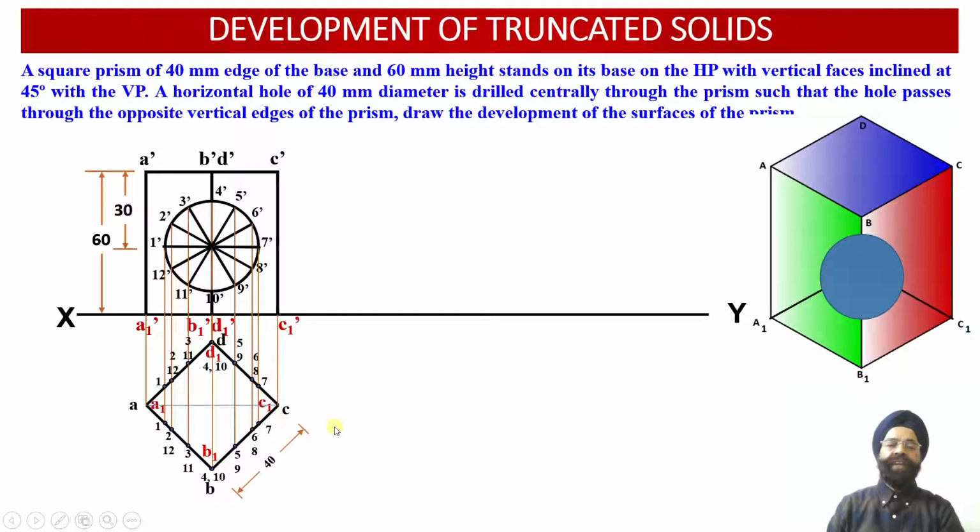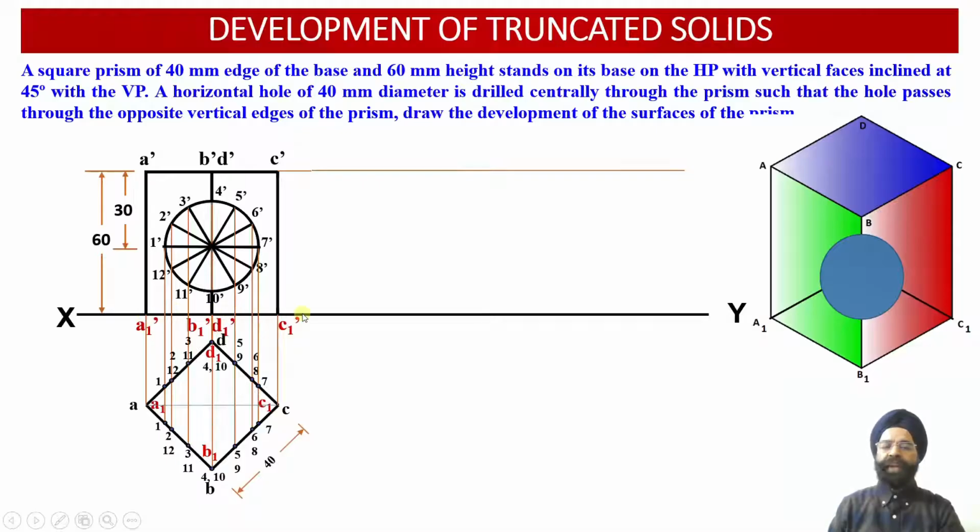So to begin with, we have to obtain the development of the lateral surface of the square prism. As we already know, we have to use the parallel line development method in order to obtain the development of the square prism. Corresponding to the top face, one horizontal projector we have drawn over here.